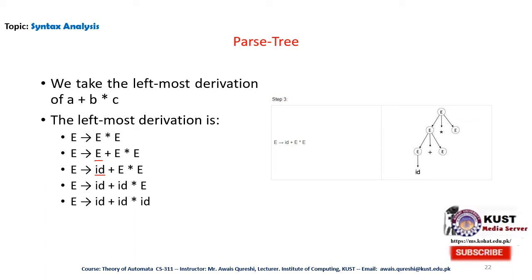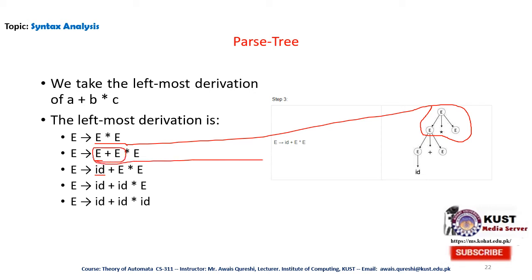So this is the first part of the tree, and this is the second part of the tree. Okay, here you can see that this is the second part of the tree, and this id will appear over here.